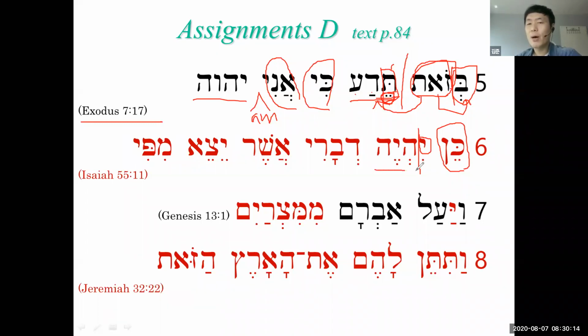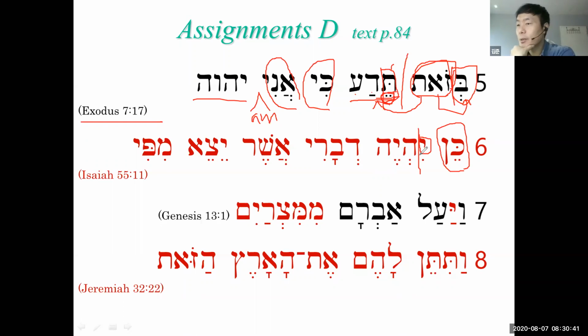So we already know haya, but don't try to memorize all those PowerPoints here. It's okay. What really matters is the stem and the form in the beginning in terms of your analysis. But here you have the yod.